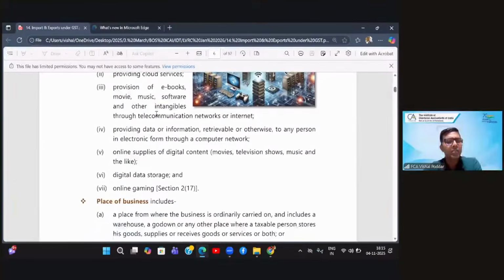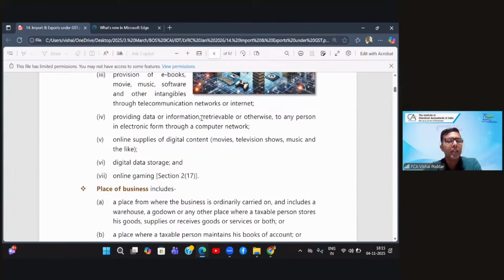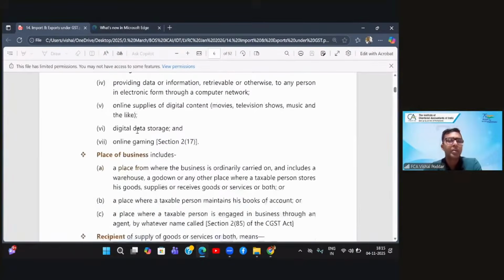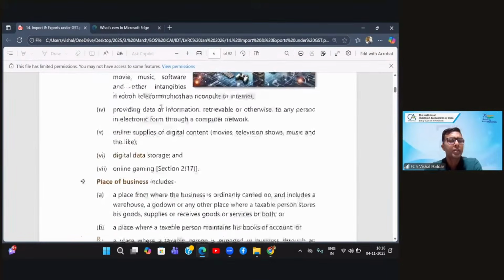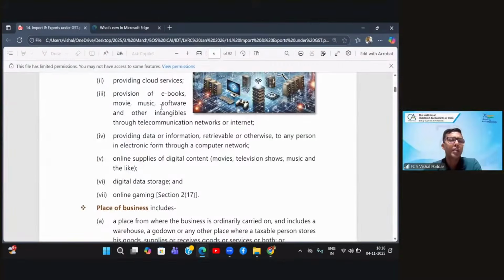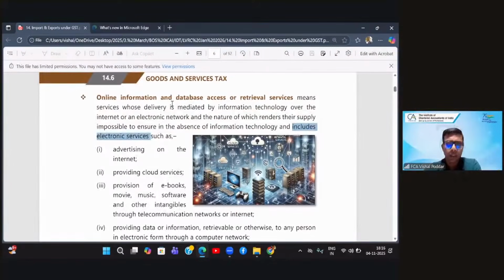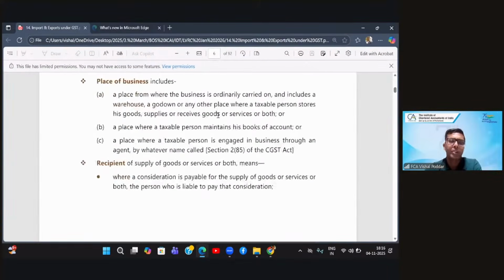Similarly, cloud services, provision of e-books, movies, software, other intangibles, providing data or information retrieval or otherwise to any person, online supplies of digital content like movies, television shows, etc., digital data storage and online gaming. You will agree with this list. It is only an illustrative list, but it clarifies what they mean by the first two requirements: that it should be delivered using information technology platforms, and that the supply itself should come into existence using the technology platform, that is, it is impossible without the technology platform.